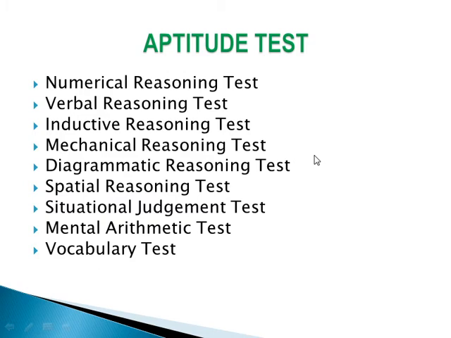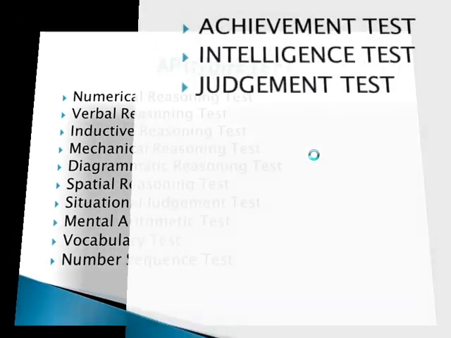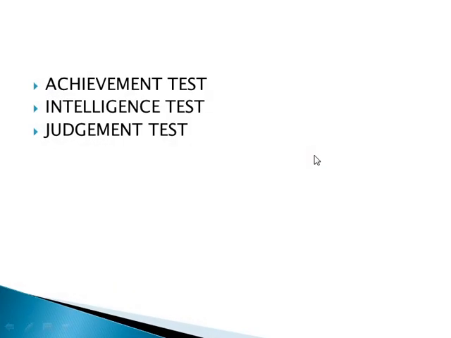Number sequence test. This measures the candidate's ability to find logic in a series or pattern. Under this test, candidates have to find the missing number in a sequence to determine the pattern. Achievement test. This test measures the capacity to achieve in a particular field, so it is also called a proficiency test.